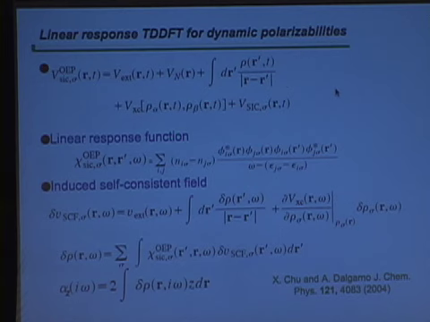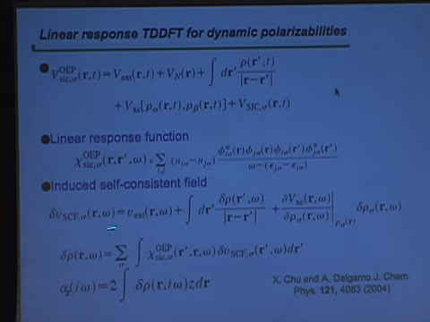I want to draw your attention to the last term here that includes a functional derivative. This is called the exchange and correlation kernel. The accuracy and correctness of TDDFT kind of method pretty much depends on the correctness of this term, the kernel term.